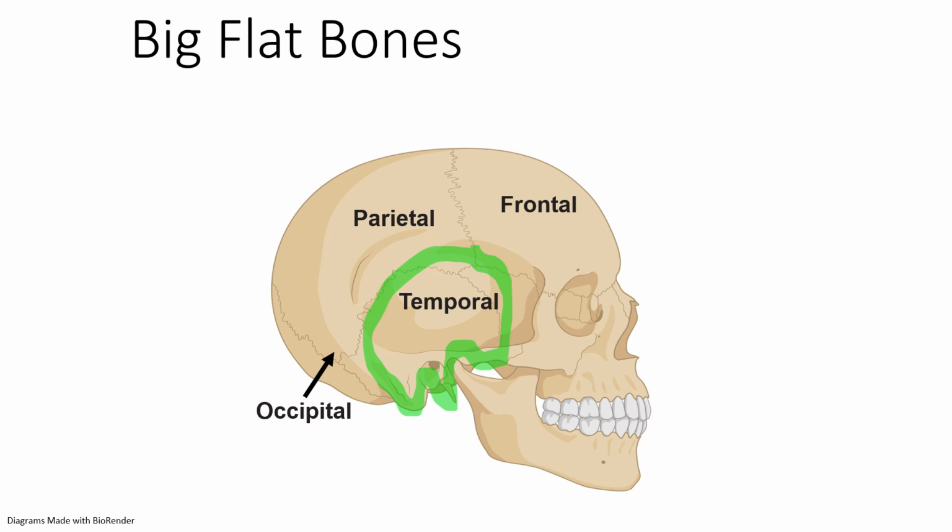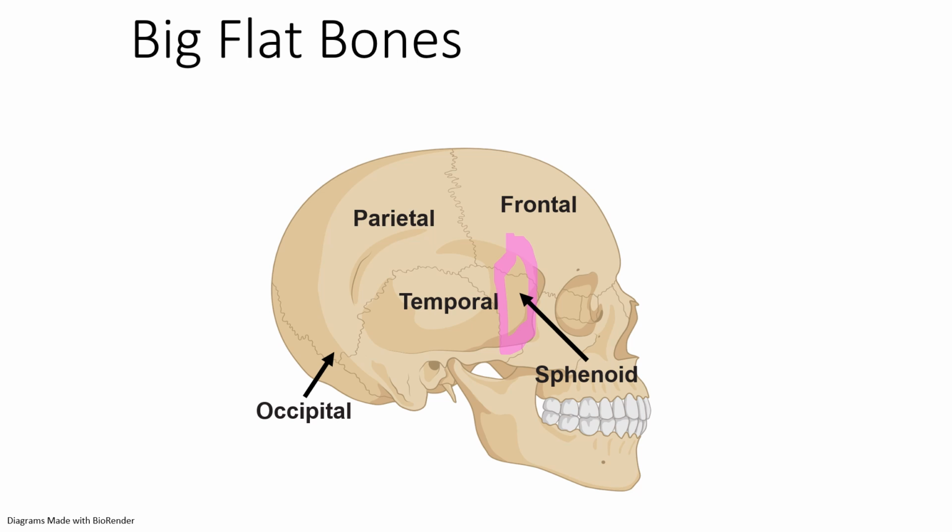The temporal bone will be very important to us. It just has a lot of features on it that we will identify, like the ear hole here. Again, kidding. It's not the ear hole. The last bone, it's not really a flat bone, but I want to point it out. This bone extends from side to side through the middle of the skull and is called the sphenoid bone.